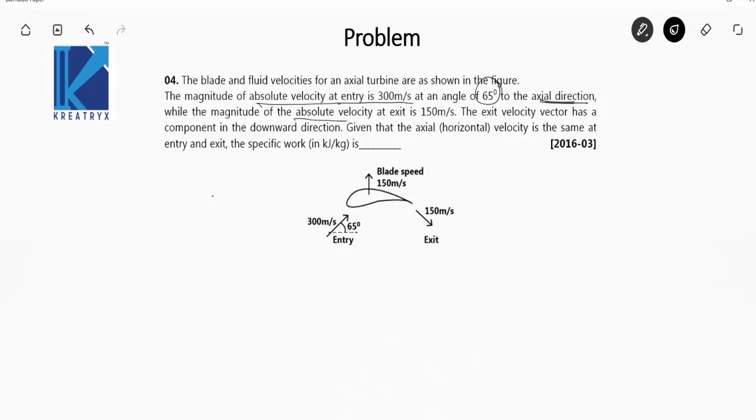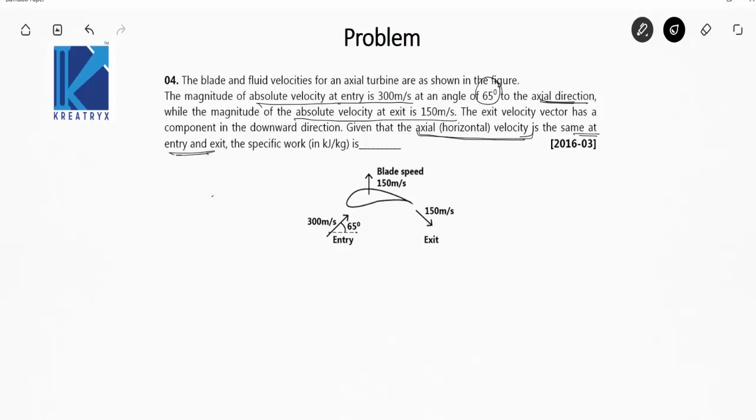Okay, absolute velocity at exit is 150 meter per second.